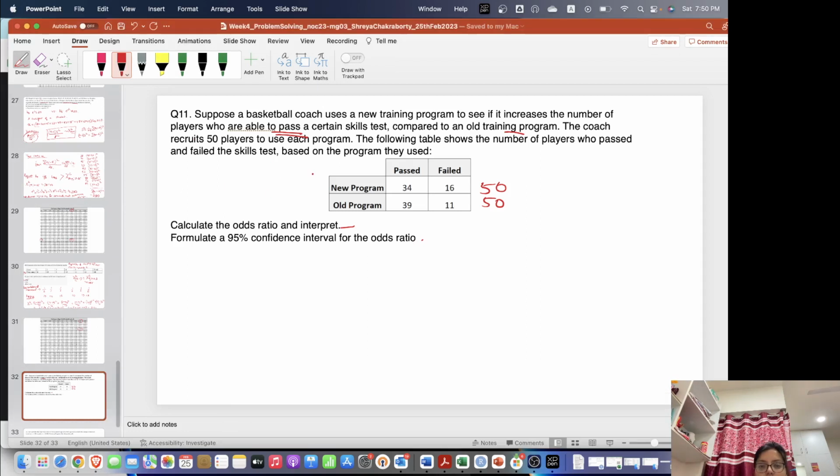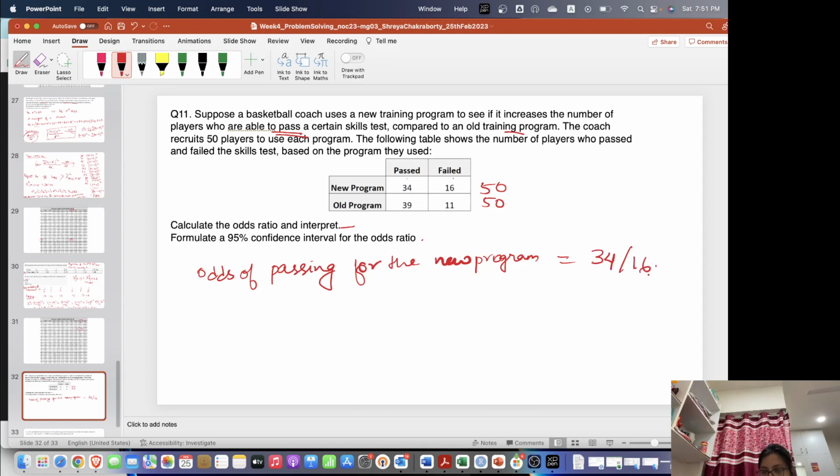Okay. So, from here, first we have to find out the odds ratio. Now, odds ratio is a ratio of two odds. So, odds of passing for the new program is what? This is 34 pass by fail, so this is 34 by 16. This is how the odds are calculated.